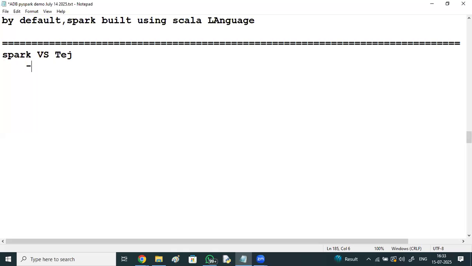Both follow the DAG model. DAG means directed acyclic graph model.